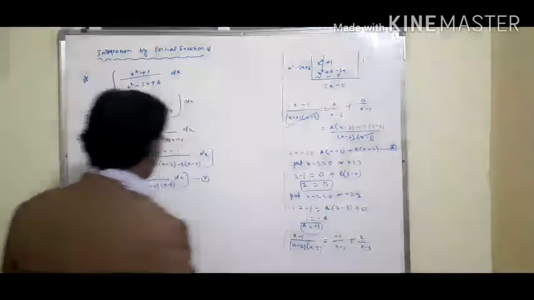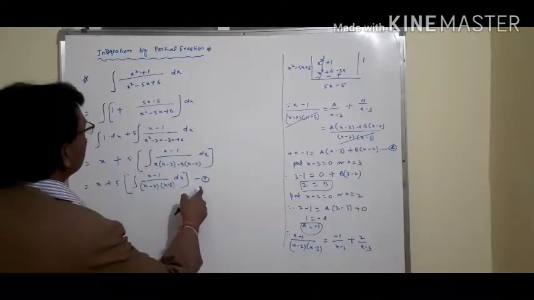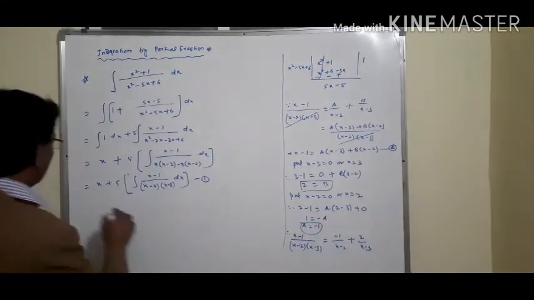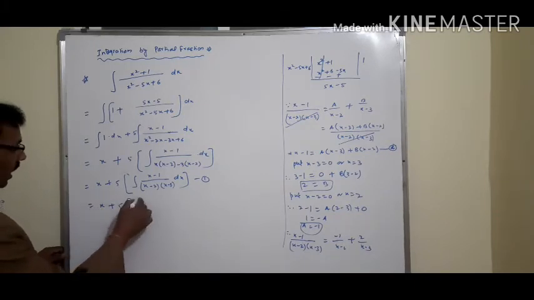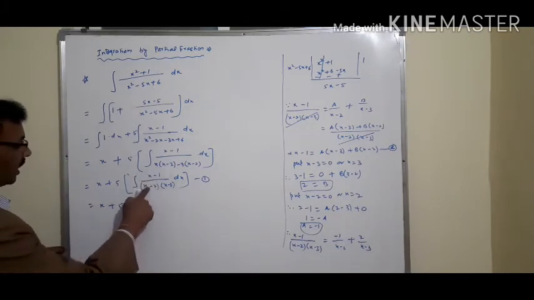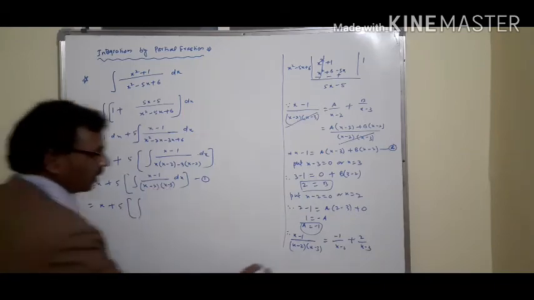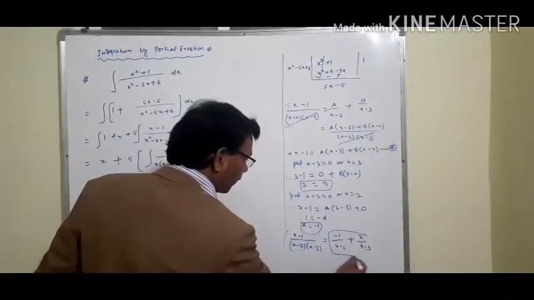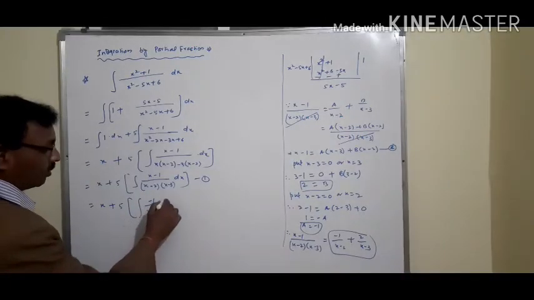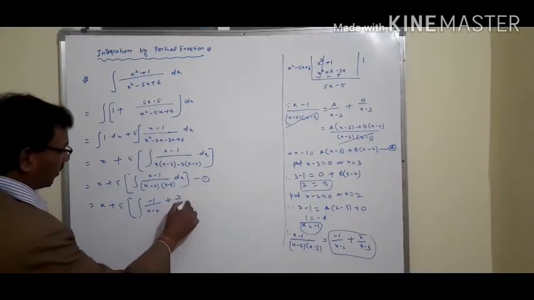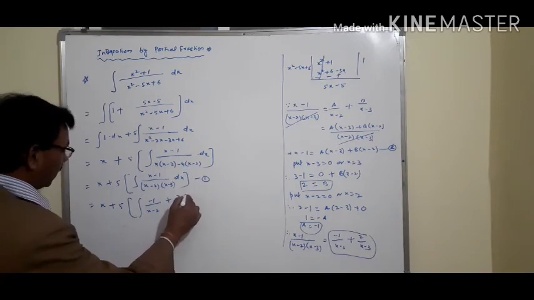So from equation 1 we can replace (x minus 1) upon (x minus 2)(x minus 3) and write x plus 5 into the integration of minus 1 upon (x minus 2) plus 2 upon (x minus 3) into dx.